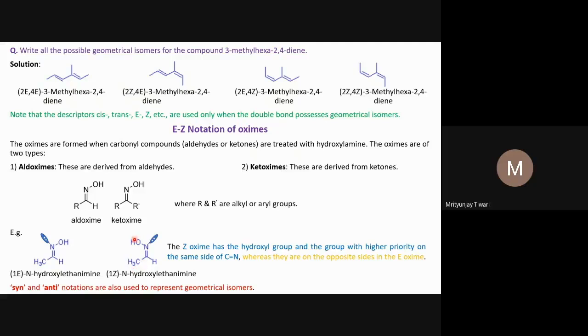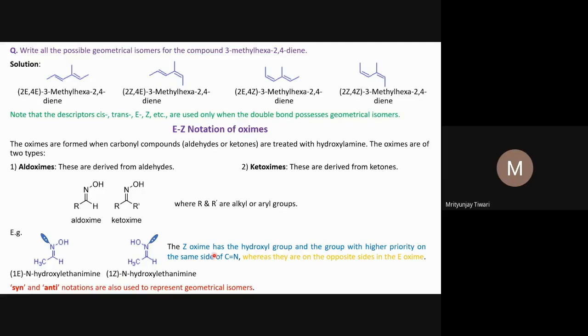So the higher priority groups are on the same side, and this becomes the Z isomer. The numbering is the same as we saw for the previous case, 1 and 2. So this is 1Z, meaning OH and CH3 are on the same side. So 1Z, N-hydroxyl ethanimine: N-hydroxyl, ethane for the chain, and imine for the group.